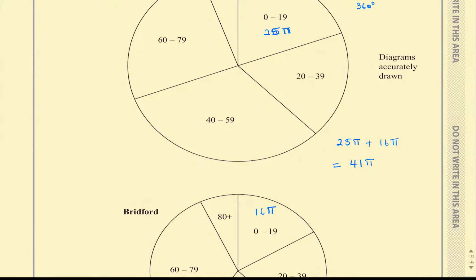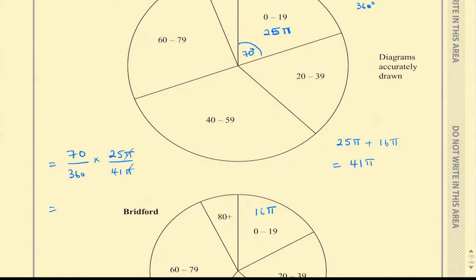Now for the angle of A. Angle A actually turned out to be 70 degrees. To work that out, we have 70 over 360 times the ratio of this area to the total area, which is 25 pi over 41 pi. The pi cancels out. So this is the ratio now.